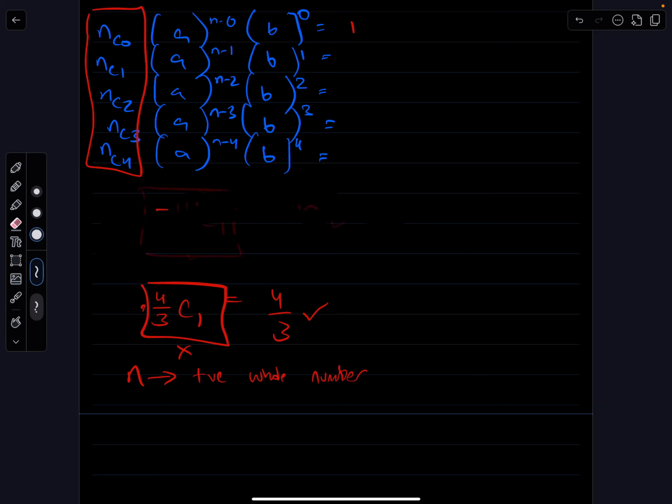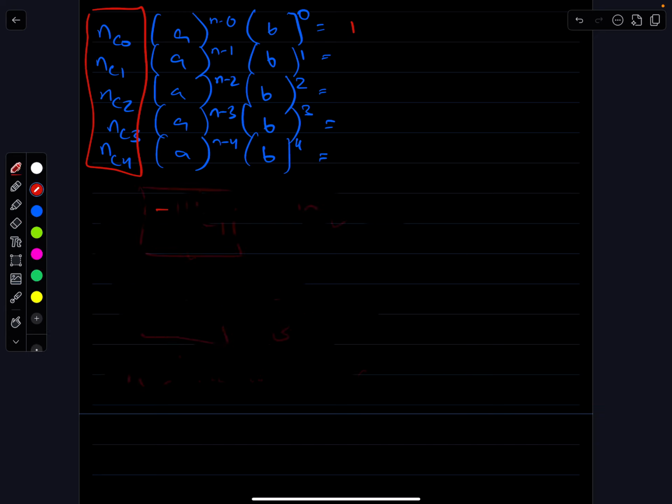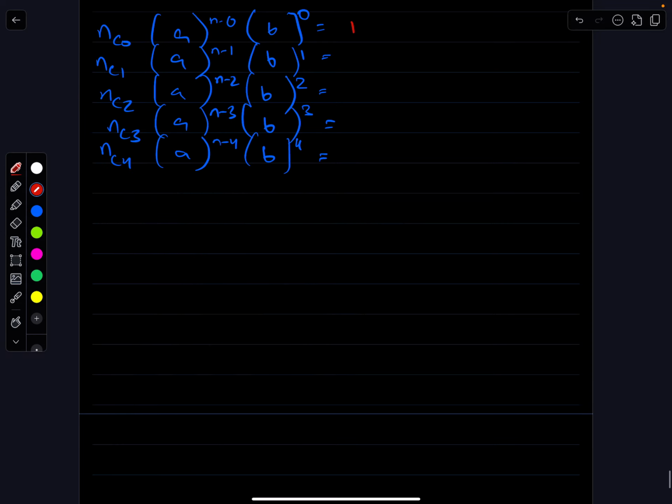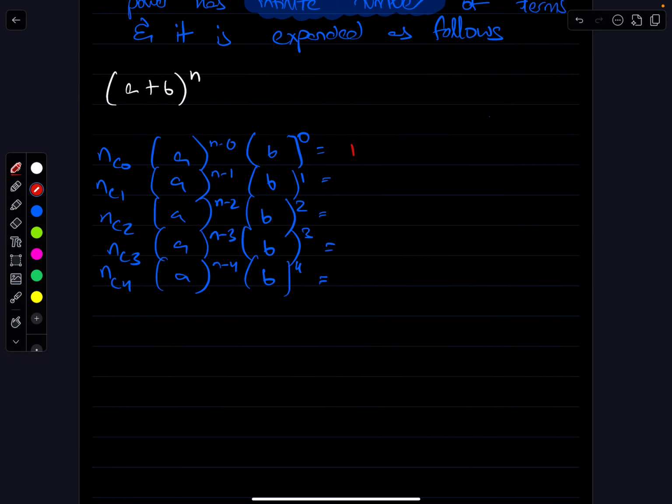And that is why things in this chapter get a bit complicated, because you have to calculate nC something by yourself. nC1 would be n. nC2, using the manual calculation of nC something, would be this. Similarly, nC3 would be something like this.